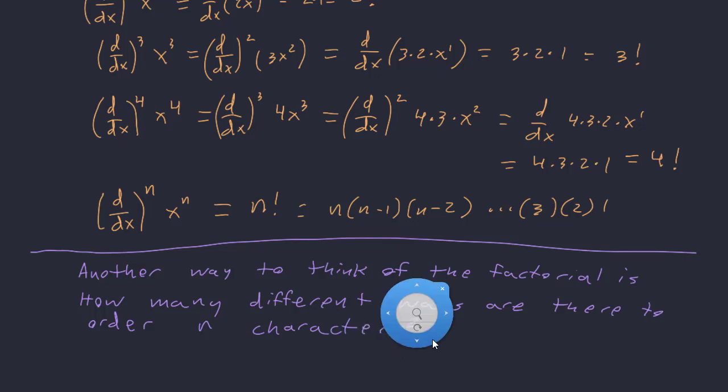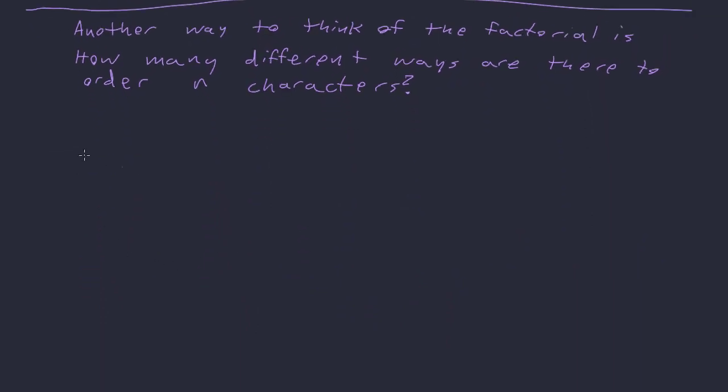Let's start with 1. So how many different ways are there to order a single character, A? Well, 1. You can only basically just put down A. Okay? But if I have 2 characters, say A and B, well, I can order them as AB or BA. That's 2 ways to order.